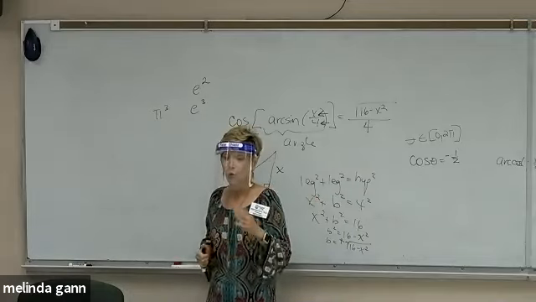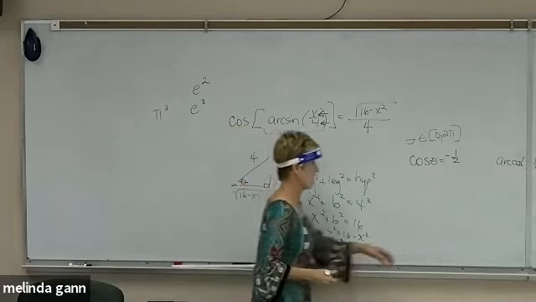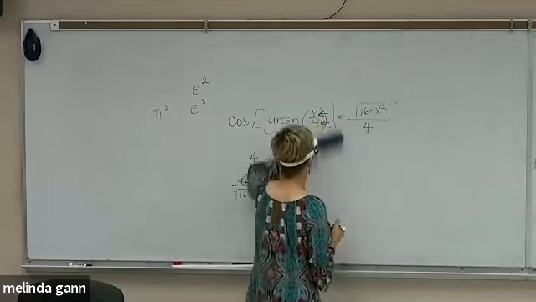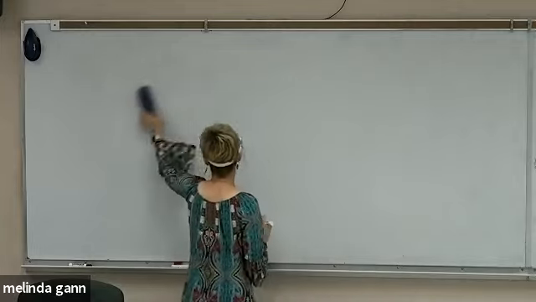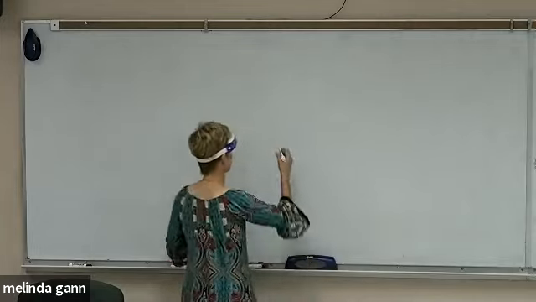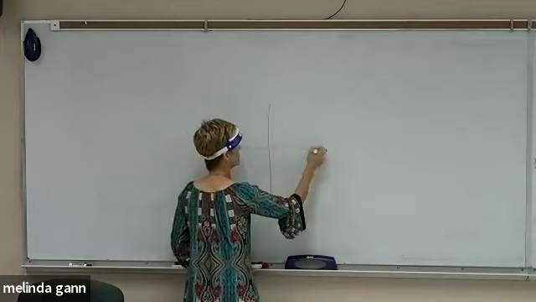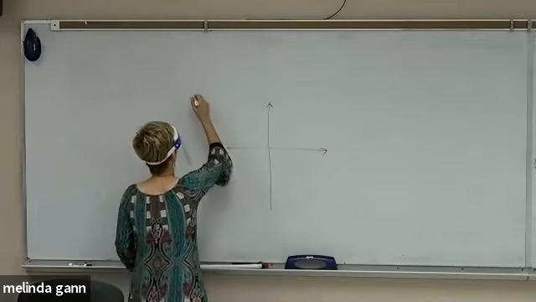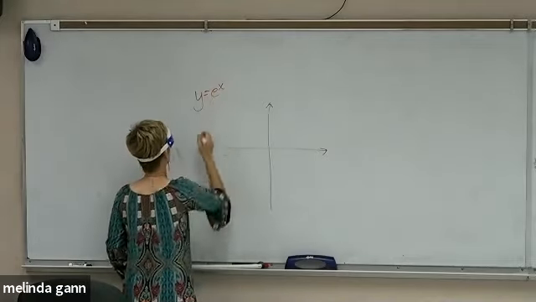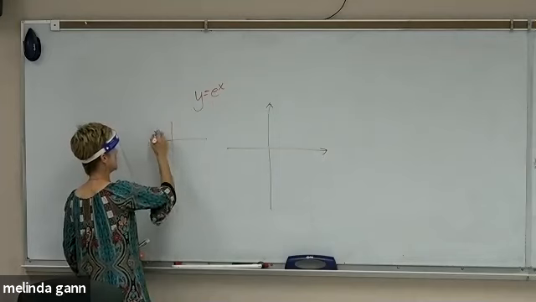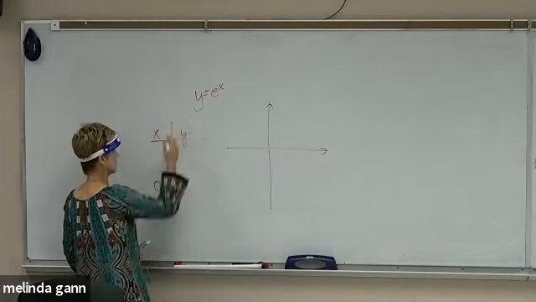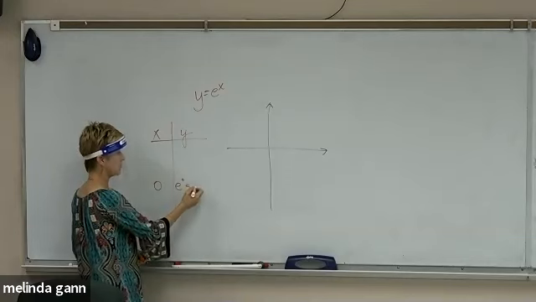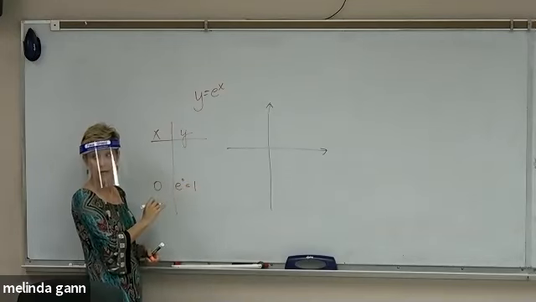Now, we talked about last time what the graph looks like. It's nothing magical. If I do y equals e to the x, if I'm making a t-table, e to the 0, what's any number to the 0 except 0 to the 0? 1, isn't it?